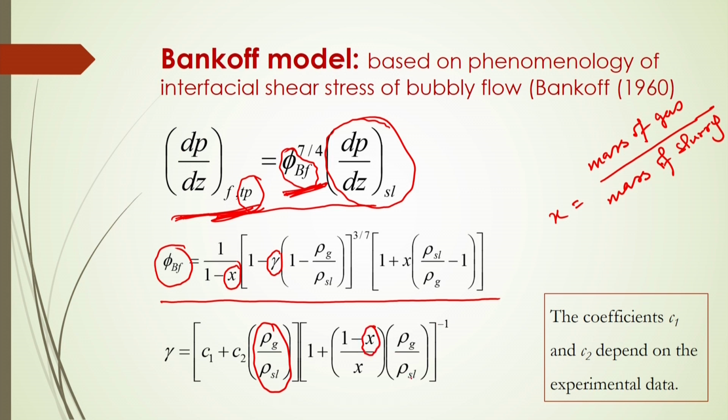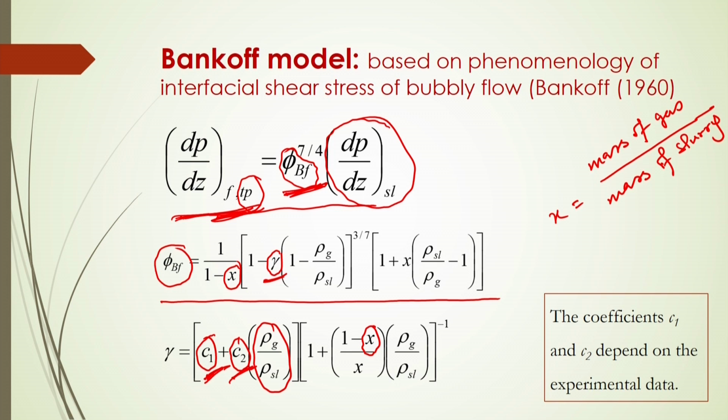So, here you have to find out what should be the gamma value, or what should be the C1 and C2 coefficients for this gamma. The C1 and C2 are the coefficients which will be found out from the experimental data. So, these coefficients C1 and C2 are unknown parameters here. If you fit these parameters to the experimental data by an optimization method or by the least square method, then you will get these C1 and C2 parameters.